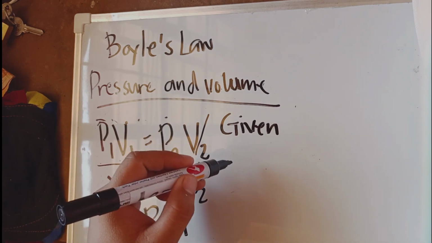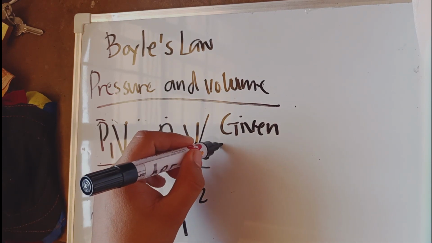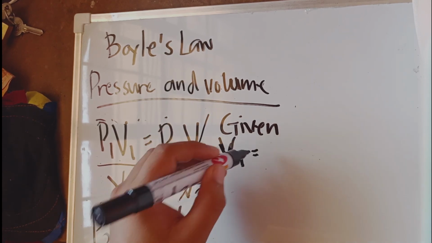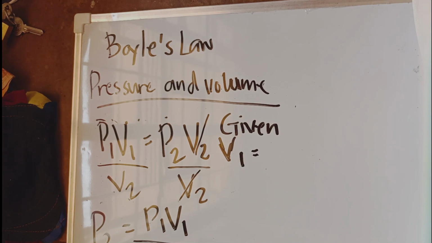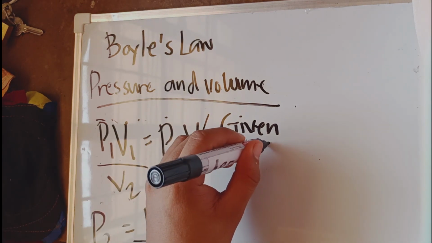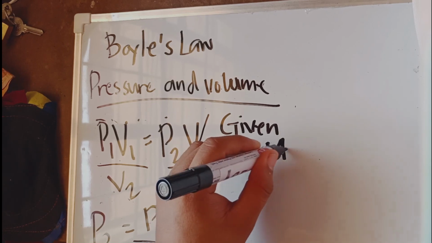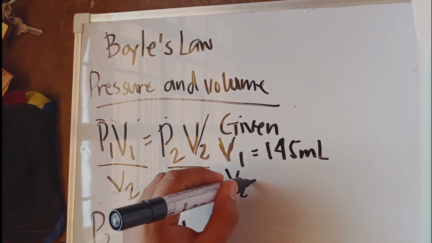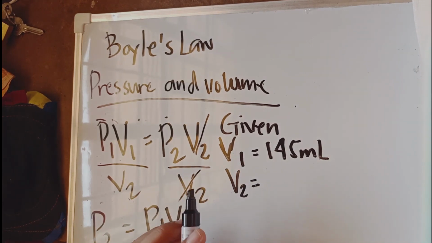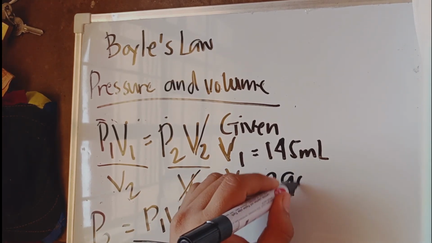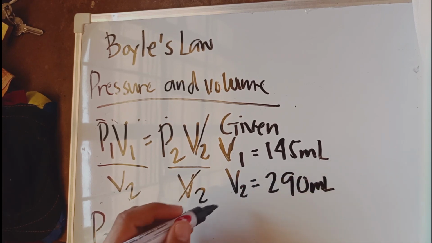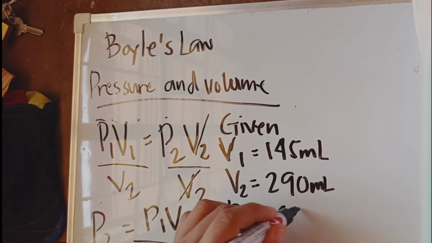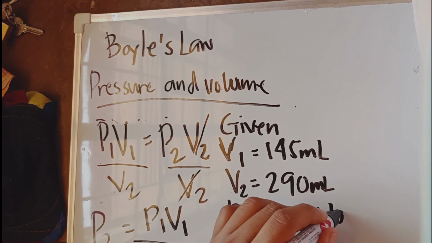For volume, take note that it could be expressed in ml. Volume 1 is 145 ml. Volume 2 is 290 ml. Pressure 1 is 560 torr.